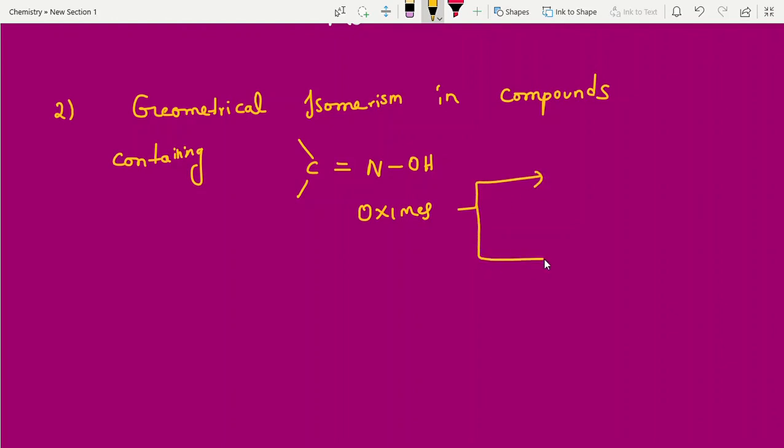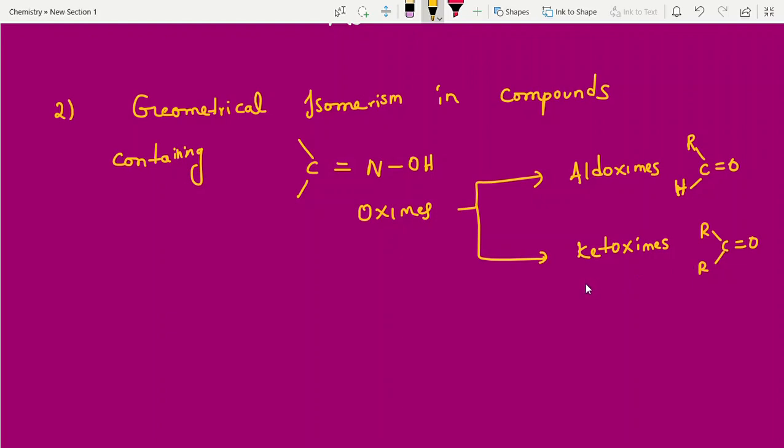One is aldoximes, and another one is ketoximes. Aldoximes and ketoximes, right? Aldehyde means one is R group, one is H. One must be hydrogen, that we call aldoximes. Ketone means both are R groups or both are aryl groups, like that.